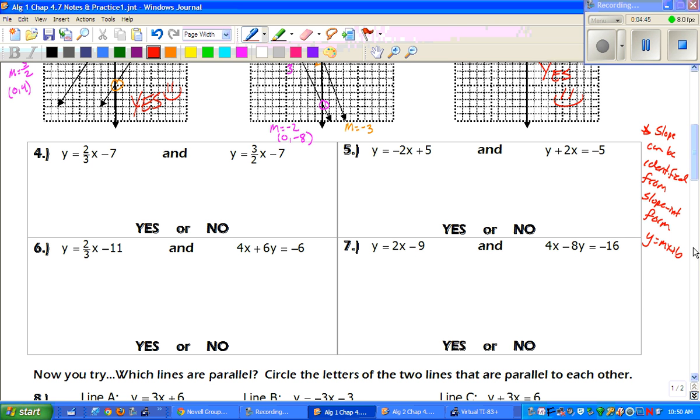So if it's in that form, we can identify what the slope is. So for this one, our slope is 2 over 3, and the intercept is (0, -7).